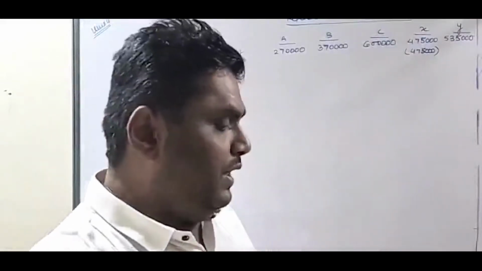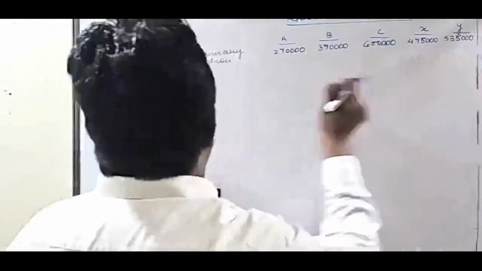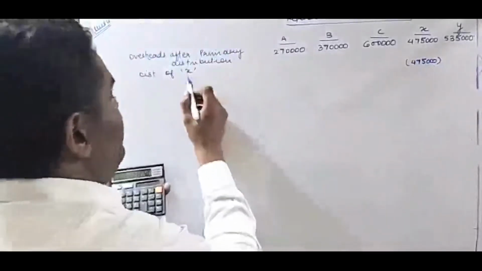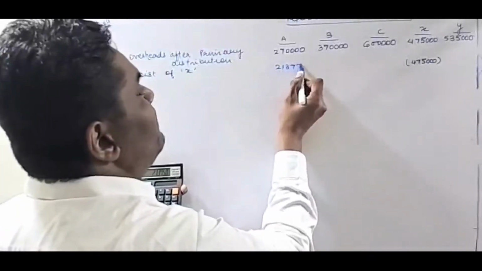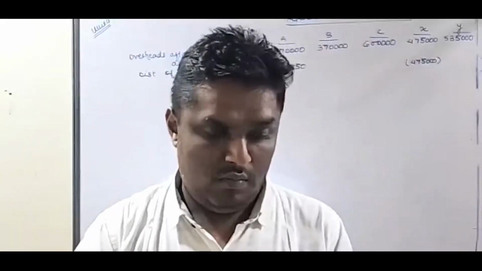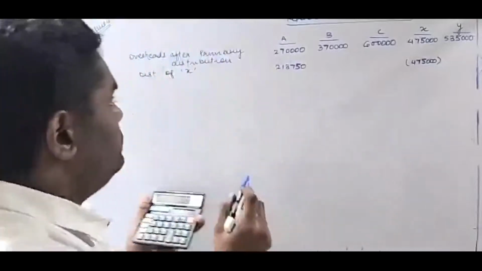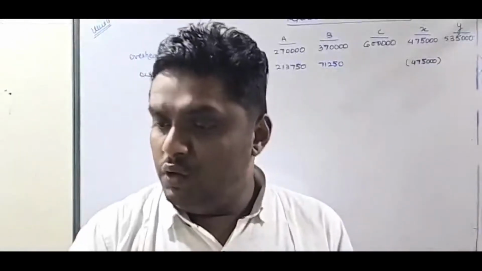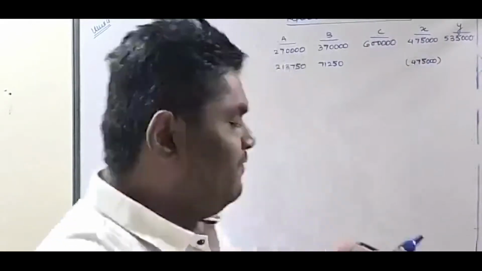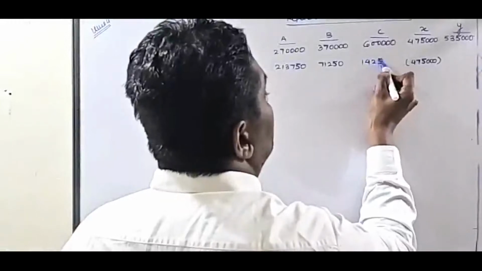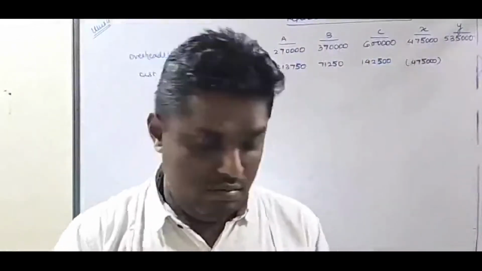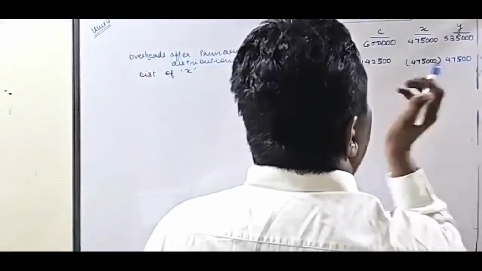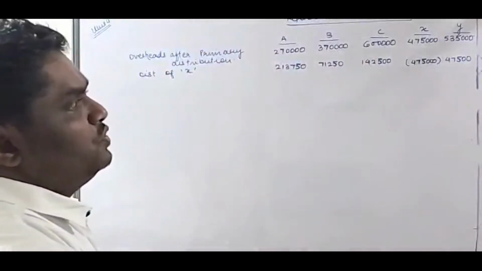Now 45% goes to A, that comes to 213,750. 15% goes to B, so this will be 71,250. 30% goes to C, so this will be 142,500. 10% goes to Y, so it will be 47,500. 47,500 goes to Y.